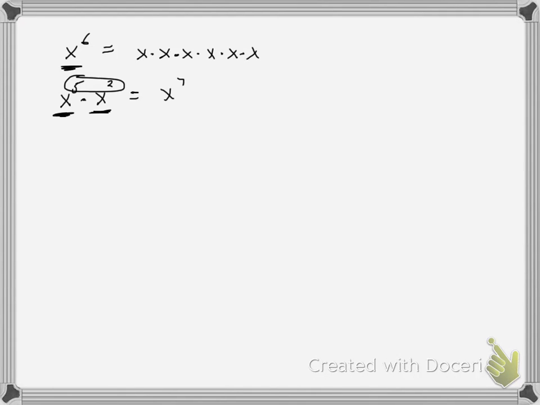Okay. Now what if I did something like this? x to the 4th, to the 3rd power. That means I'm going to take x 4 times, and I'm going to take that whole grouping 3 times.